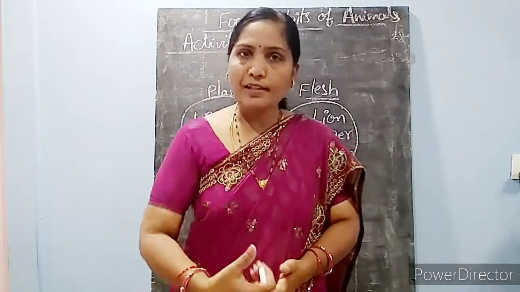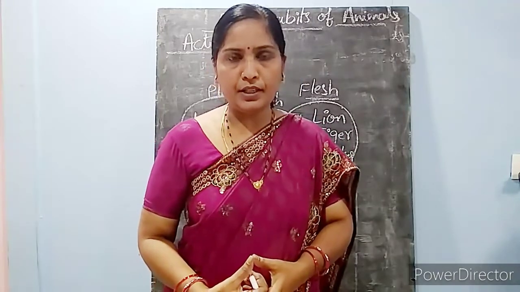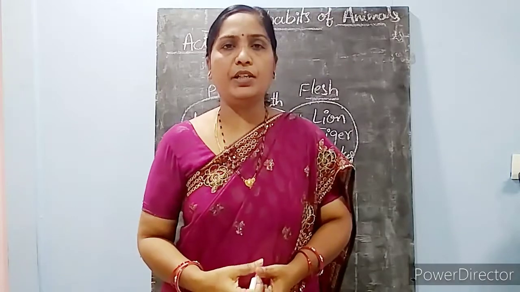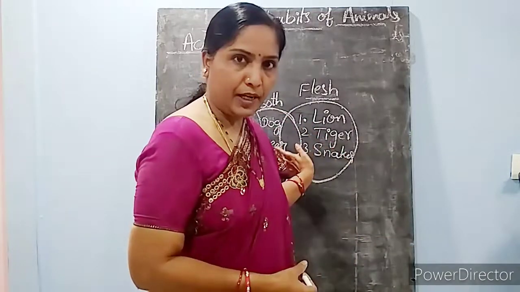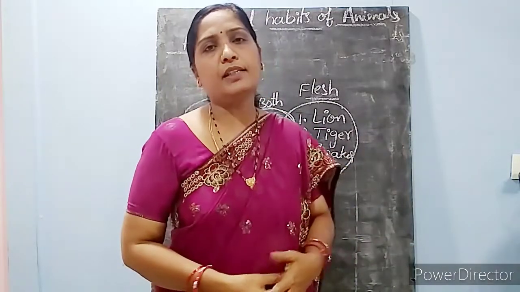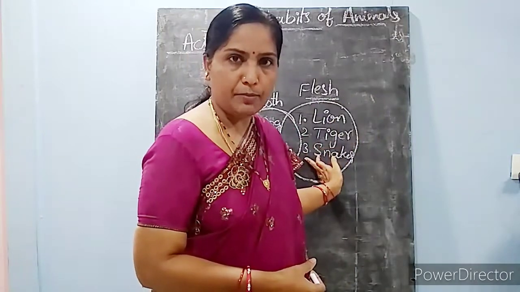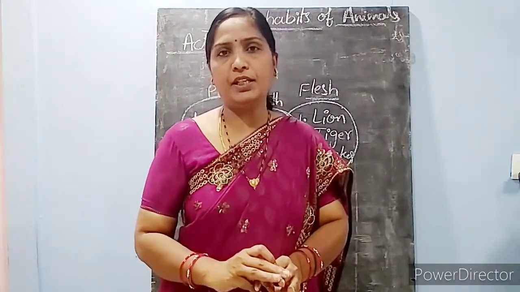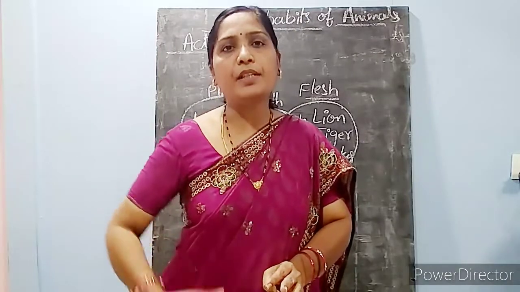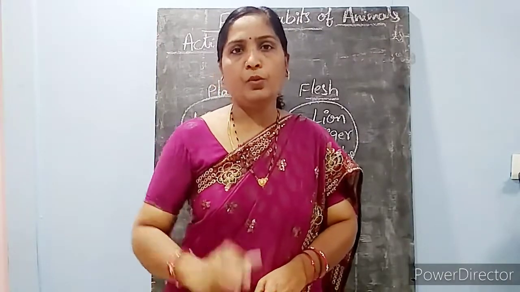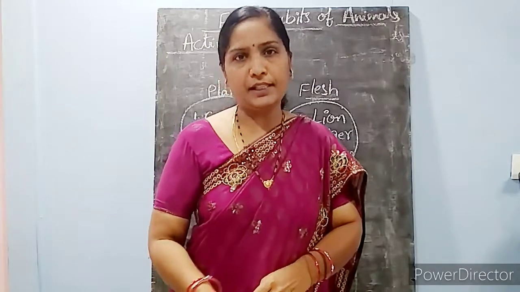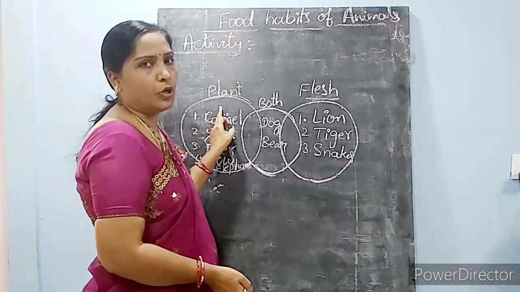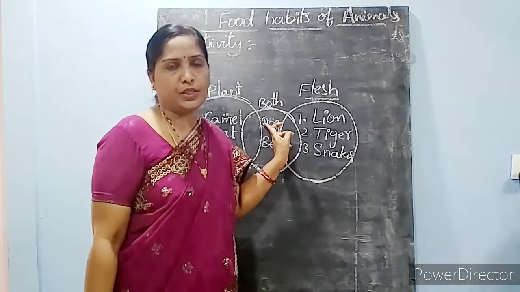Now, as a science student, some scientific terminology is given, children, for plant eating animals, for flesh eating animals, and for both flesh and plant eating animals. What are those terms? I'll tell you now. Plant eating animals are called herbivores.